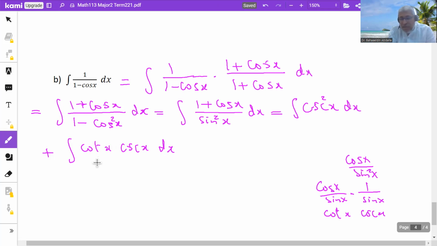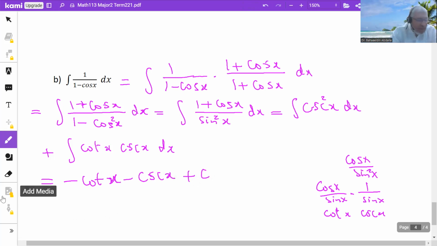The integral is negative cosecant, because the derivative of cosecant is negative cosecant cotan. So the final answer would be: the integral of cosecant squared is negative cotan x, and the integral of cotan cosecant is negative cosecant x, plus c. This would be the final answer. I hope you enjoyed solving this exam with me.